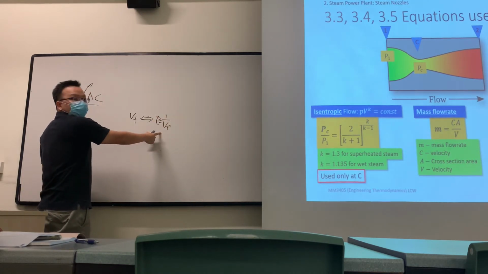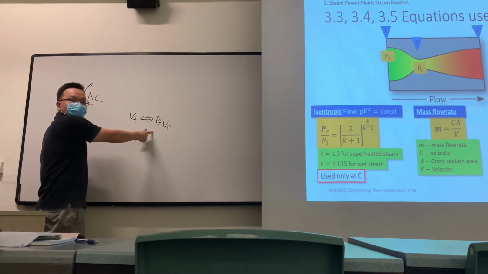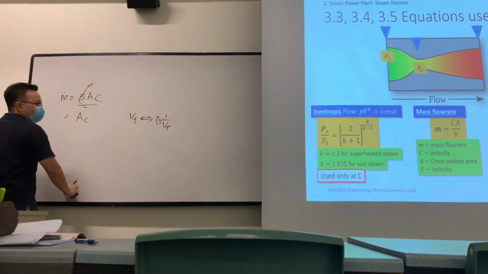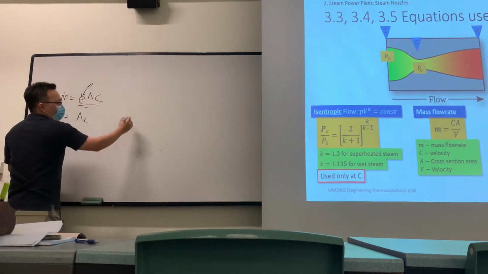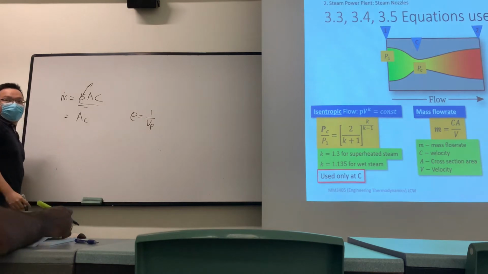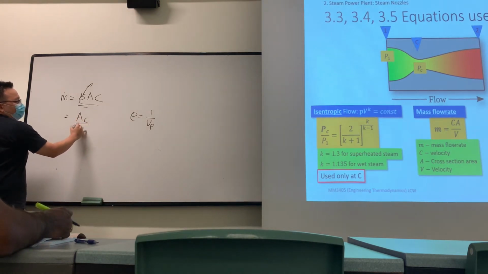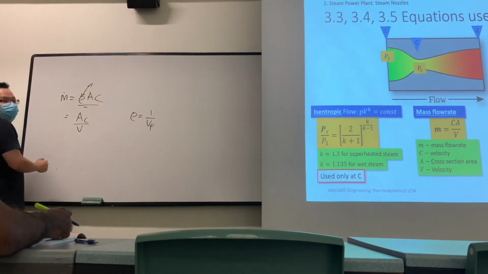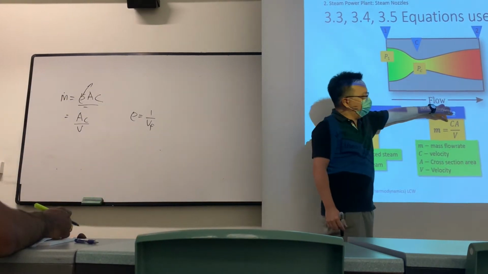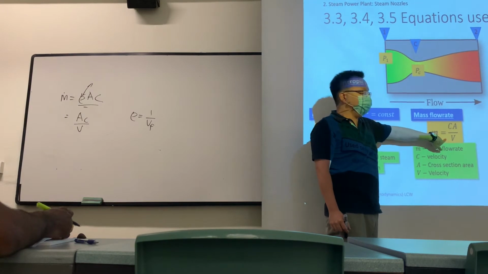Remember or not? So what I'm saying is density is actually equal to 1 over V. So that means down here, this is C A over V, where V is what?